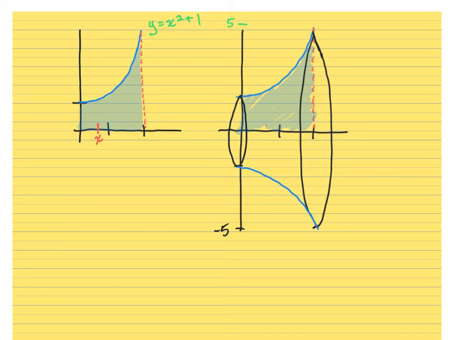So maybe somewhere right in here. And we're going to slice this thing. And when you slice it, again, we're going to slice it so that the thickness, which we call dx, is so thin that we don't have to worry about the fact that this little section is actually a curve. We're just going to imagine that it is straight across.